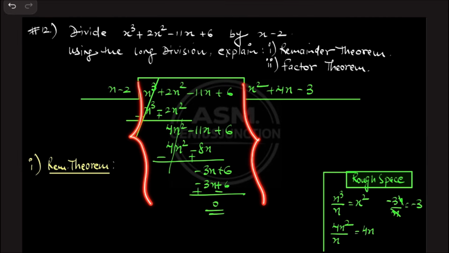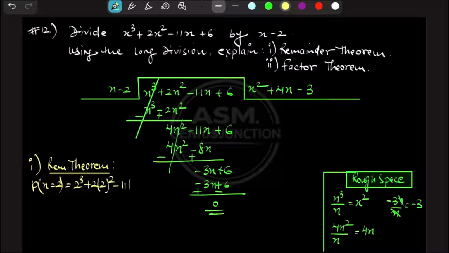In this question, if I put x equals 2 in the complete function p of x, I get 2 raised to power 3 plus 2 times 2 raised to power 2 minus 11 times 2 plus 6, and it's going to give me 0. So the remainder theorem helps us find the remainder without performing the long division method.